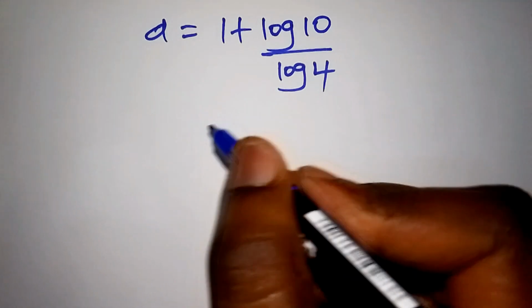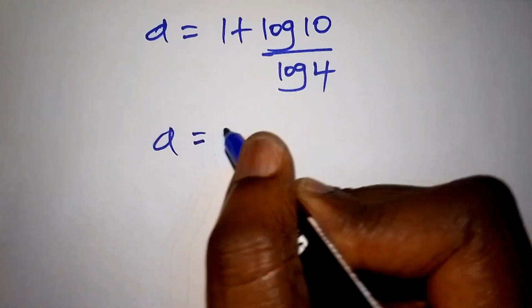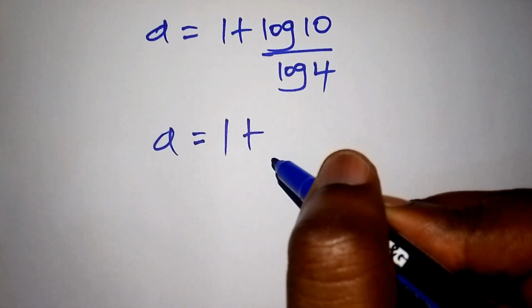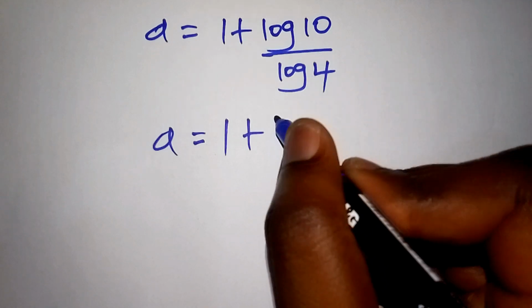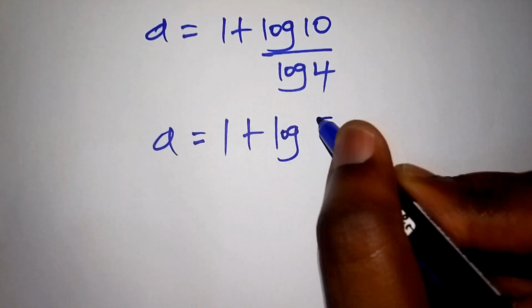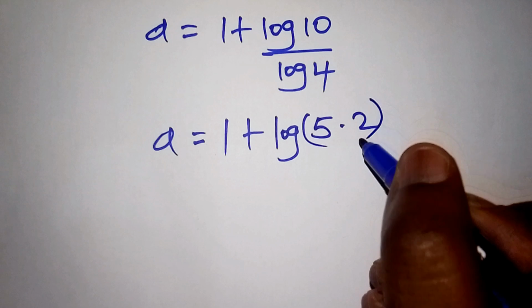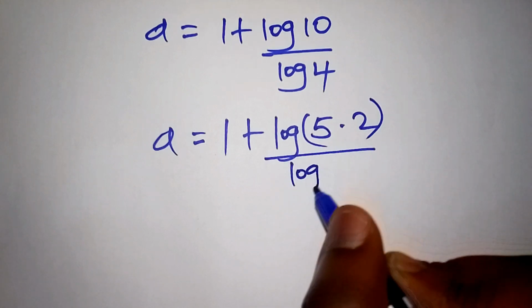We can now simplify this problem: a equals 1 plus, so the log of 10 can also be written as the log of 5 multiplied by 2, all over the log of 4.